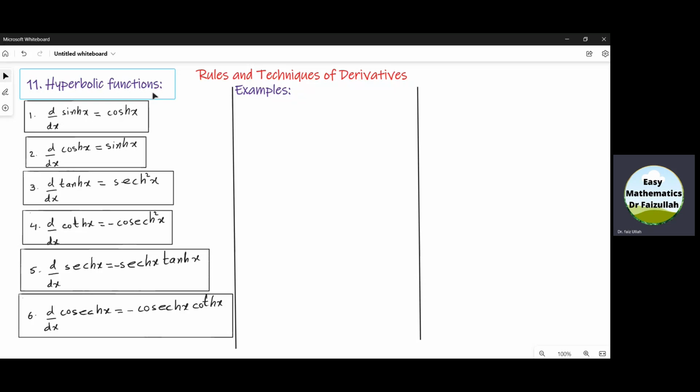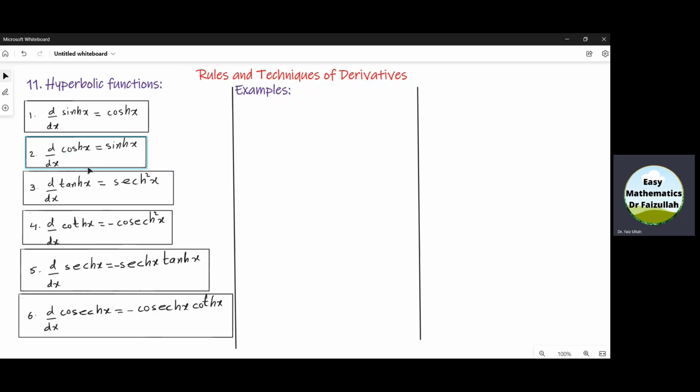Differentiation of hyperbolic functions. Just like the trigonometric functions, there are 6 hyperbolic functions. Sine hyperbolic x, cos hyperbolic x, tangent hyperbolic x, cotangent hyperbolic x, secant hyperbolic x, and cosecant hyperbolic x. Their derivatives are same, just like the trigonometric function.